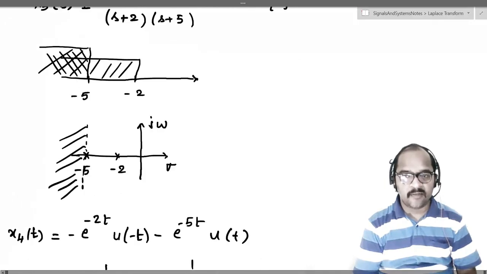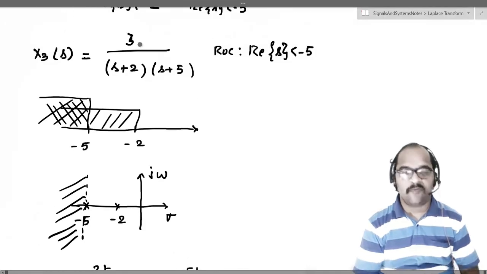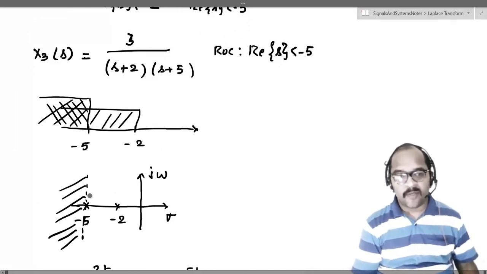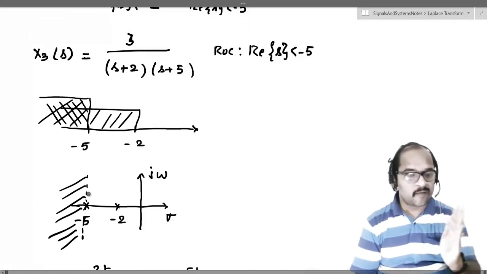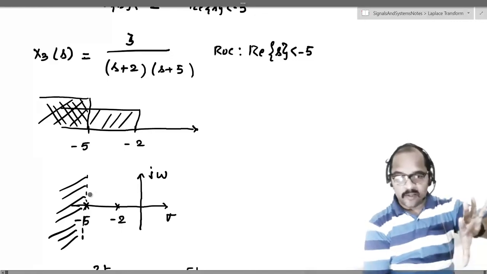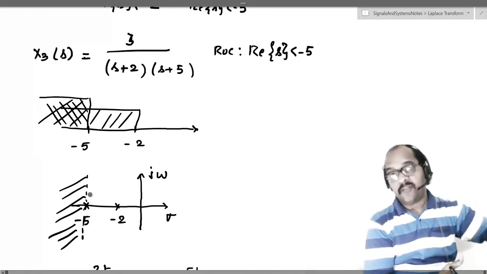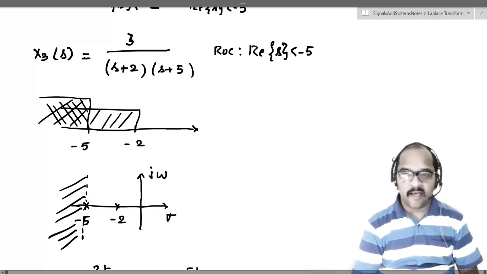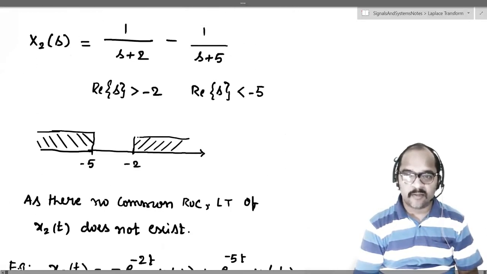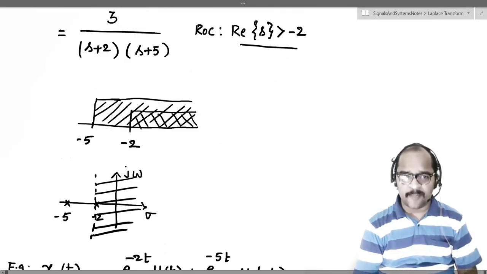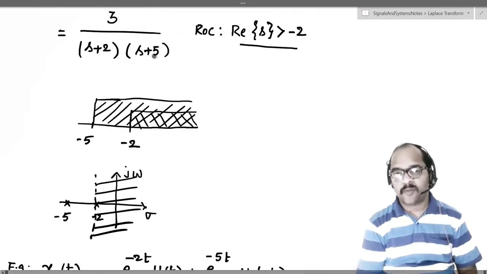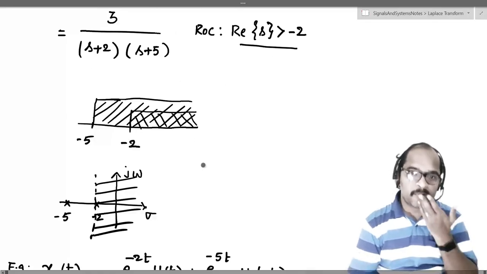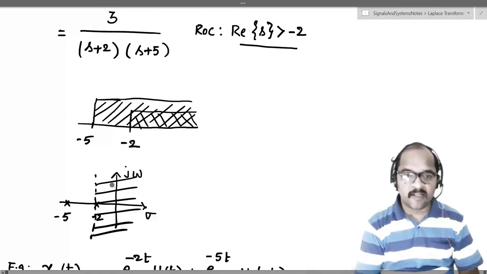Look at x3 of s, again 3 by (s plus 2)(s plus 5). But what happened to the ROC? ROC is real part of s less than minus 5. That is also a strip of infinite length, again parallel to the j omega axis. Now the first example: the Laplace transform is again 3 by (s plus 2)(s plus 5), and the ROC is real part of s greater than minus 2.